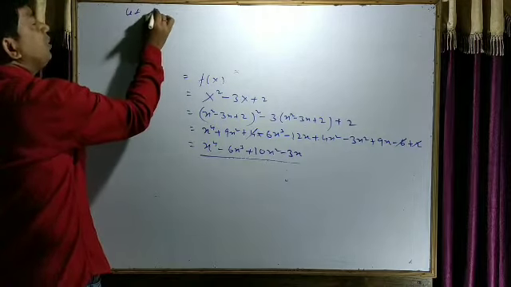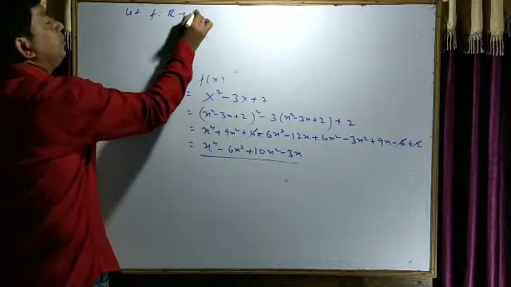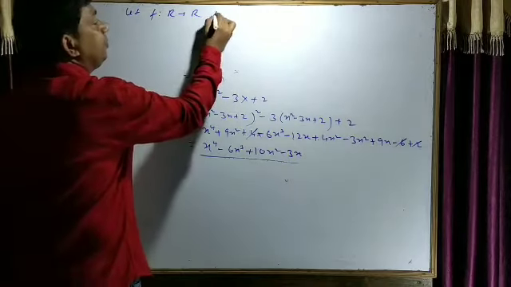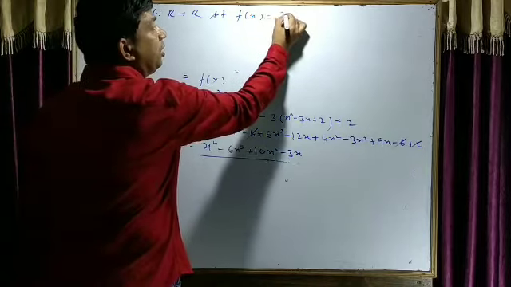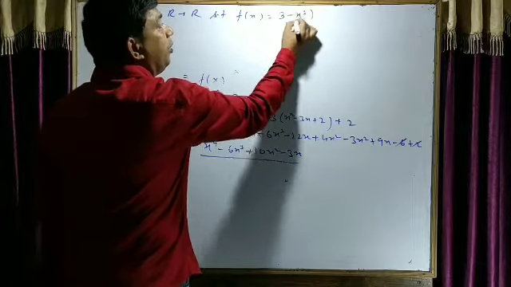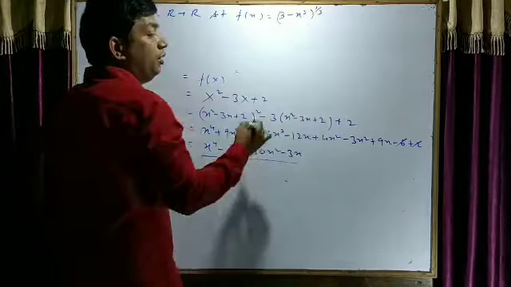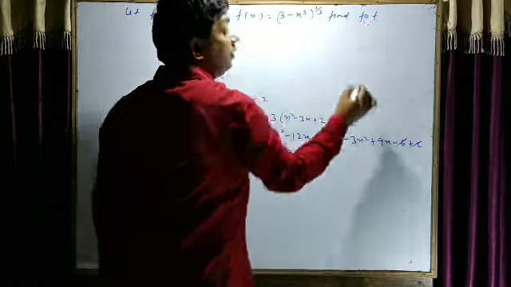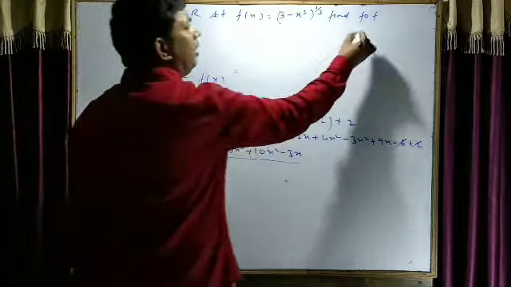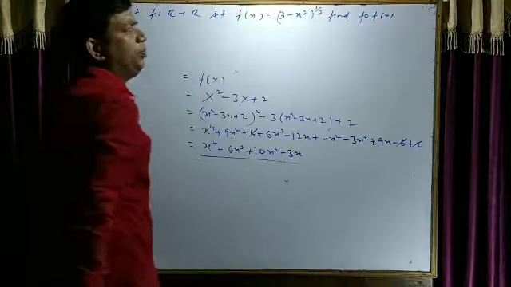Next question: f is a function from R to R such that f of x equals 3 minus x cube to the power 1 by 3. Find f of f of x. This you have to find.